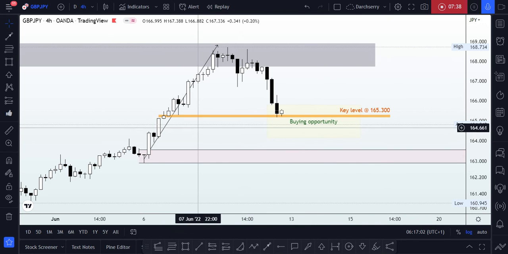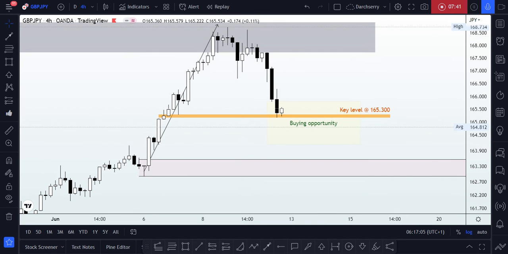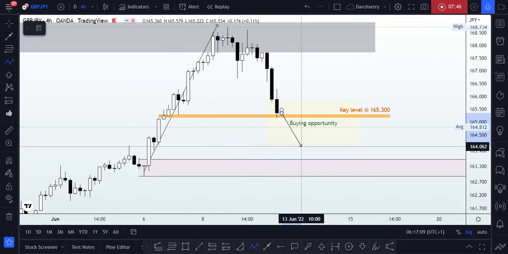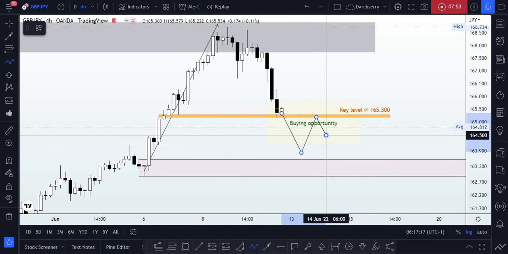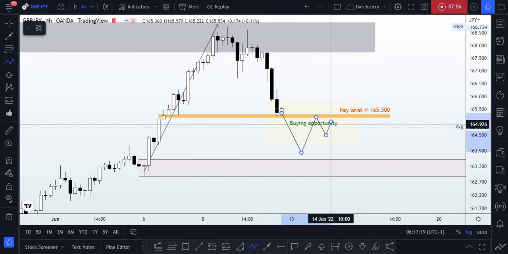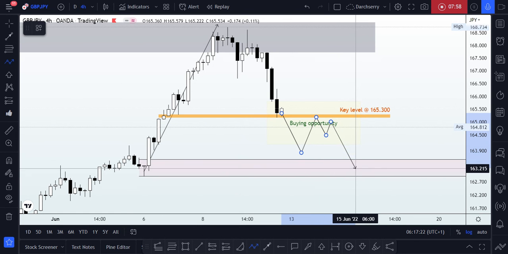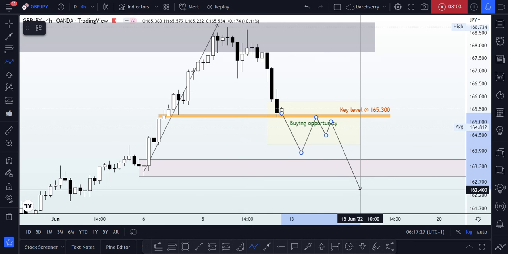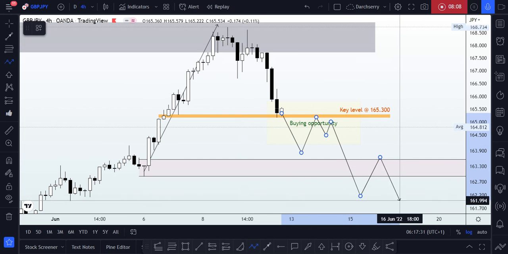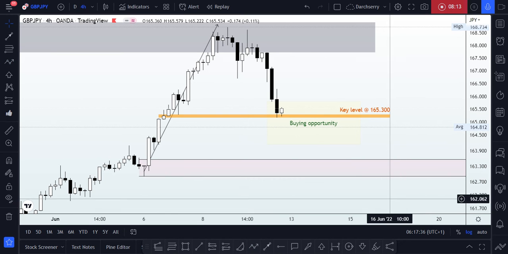Okay. So going into the new week, if price breaks down this buy opportunity zone and we see a retest of this key level at 165.300, we might be looking for patterns on lower time frames that will support the trend continuation to the downside, and this downside might see price break through where it started last week, and a retest could further give us an opportunity to add more bearish positions to this trade.